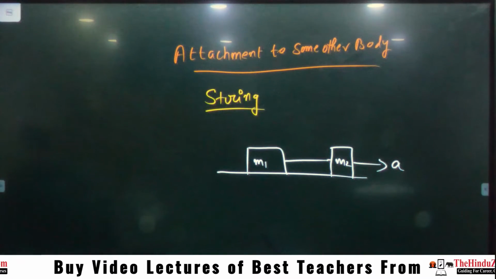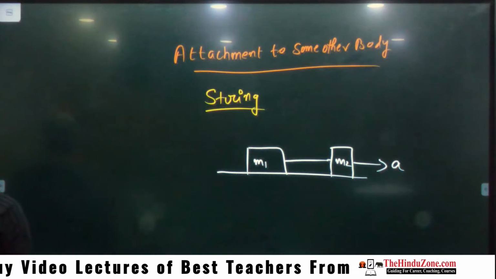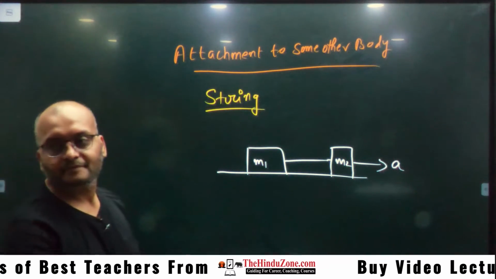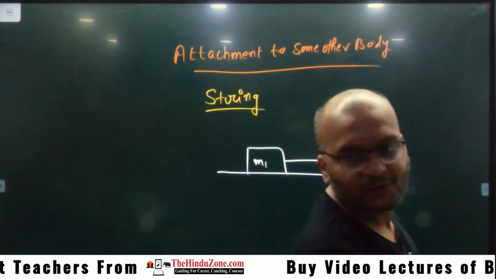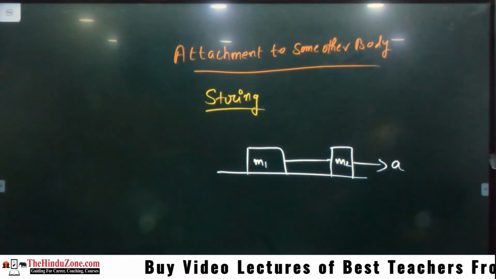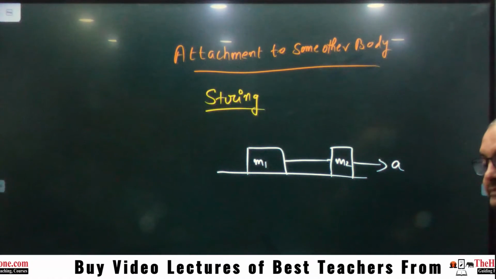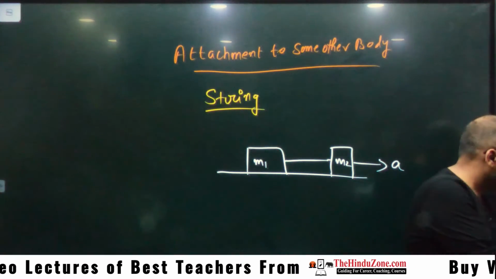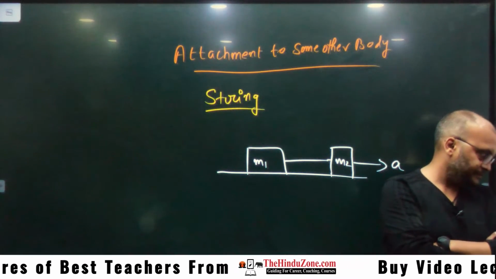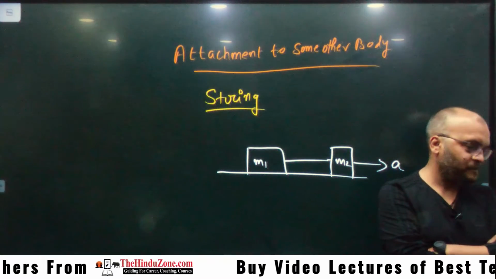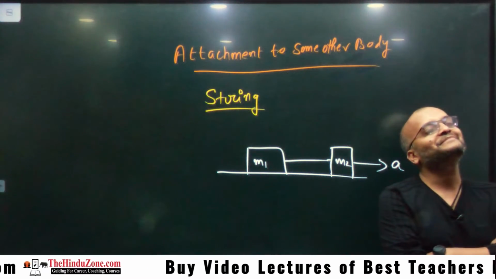M1. Two. So will it be force by m1 upon m2? Come again. Like we have to find acceleration, so we can take f by m1 plus m2.